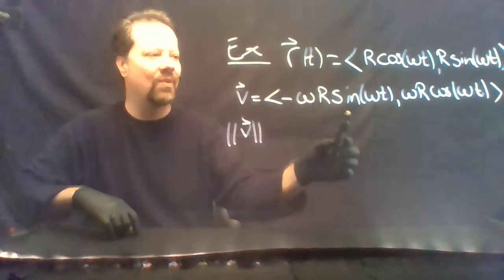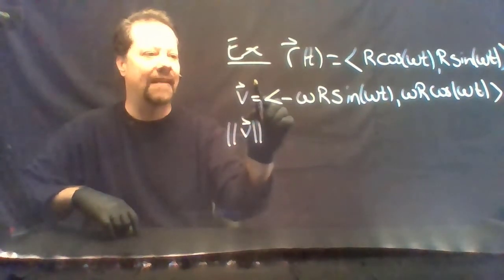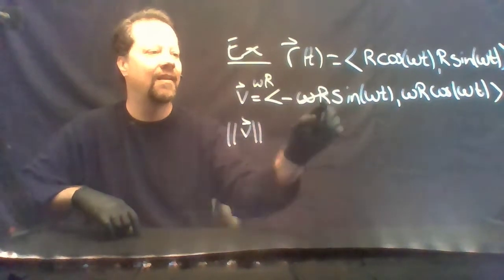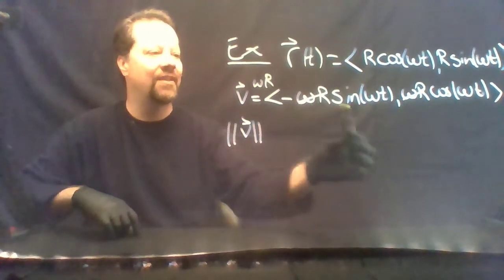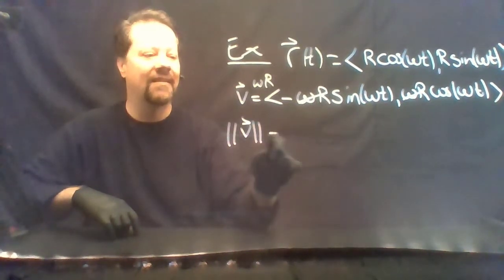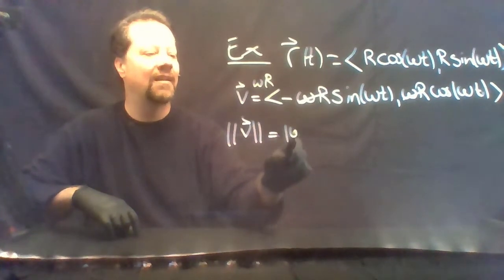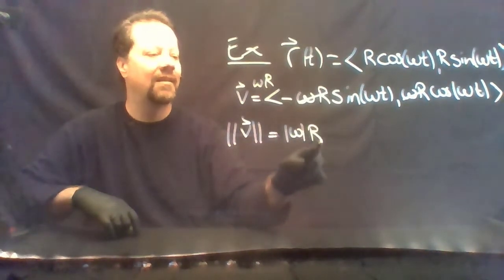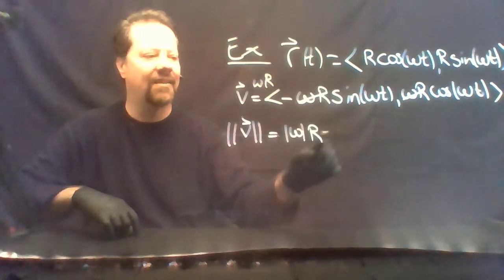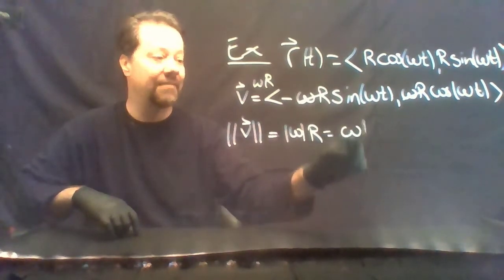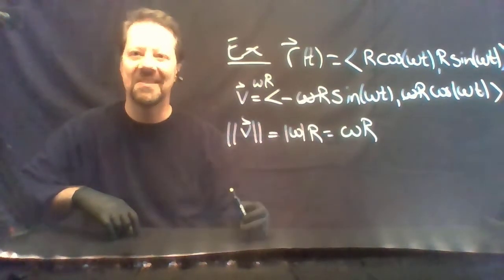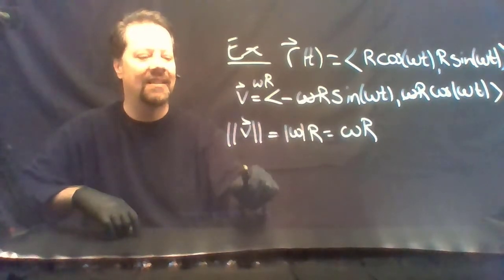To calculate the norm, it might be easiest to factor out the omega r, because what's left over has norm 1. If we assume that both omega and r are positive, then the norm is omega r.